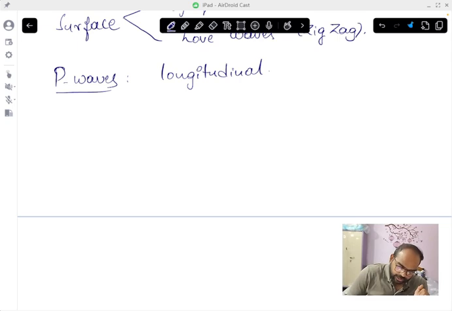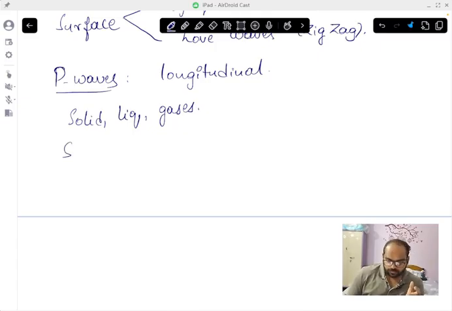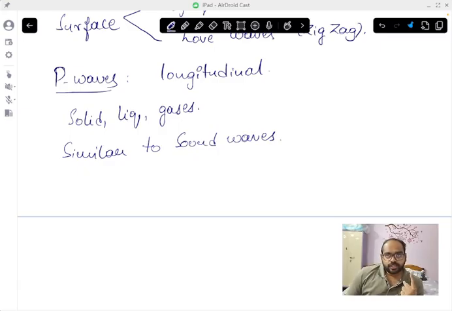They can travel in solids, liquids, and gases. P waves are similar to sound waves. P waves are longitudinal in nature, they can travel in solids, liquids, and gases, and they are similar to sound waves.